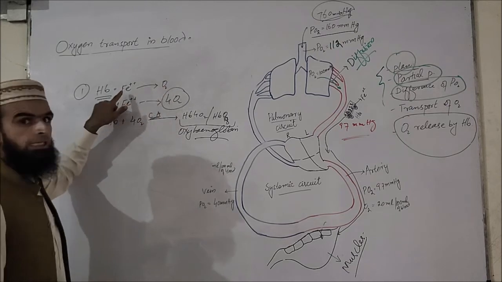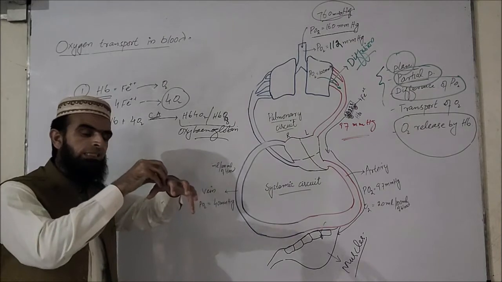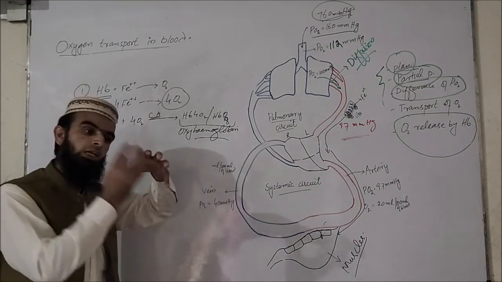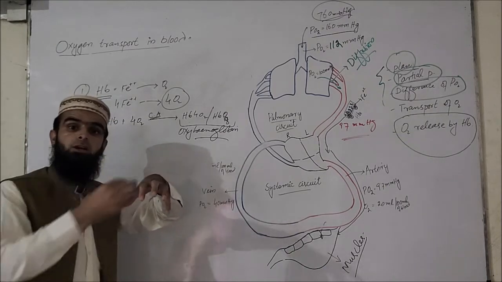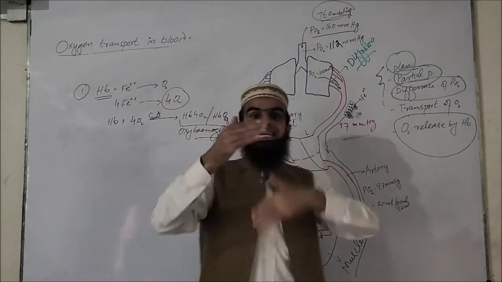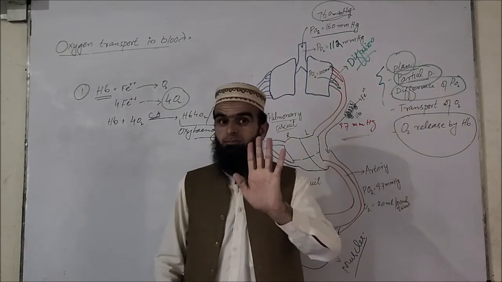So when the first oxygen is added, the second oxygen will be taken very easily. When 2 oxygens are added, the third will be taken very easily, and when 3 are added, the fourth will be taken even more easily. So in this way, the addition of oxygen increases the affinity of the hemoglobin for oxygen.